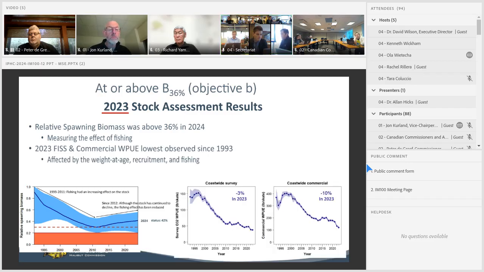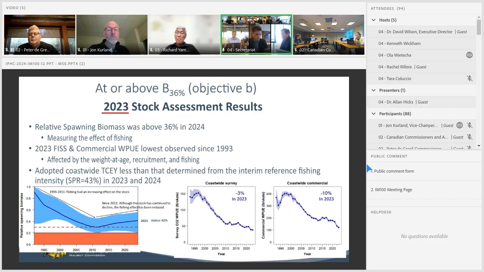However, the WPUE and the catch rates from the fishery were at the lowest that had been observed in the last 20 to 30 years. This was concerning to managers and stakeholders alike, but this is also affected by weight at age and recruitment along with fishing. So there was some concern here. We're seeing good status, we're seeing low catch rates, and thus the commission decisions were to actually reduce the TCEY from the reference determined by an SPR of 43%.